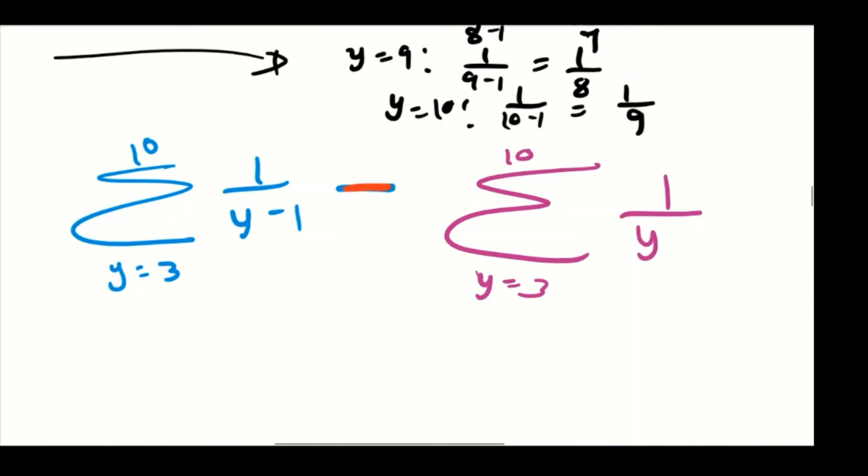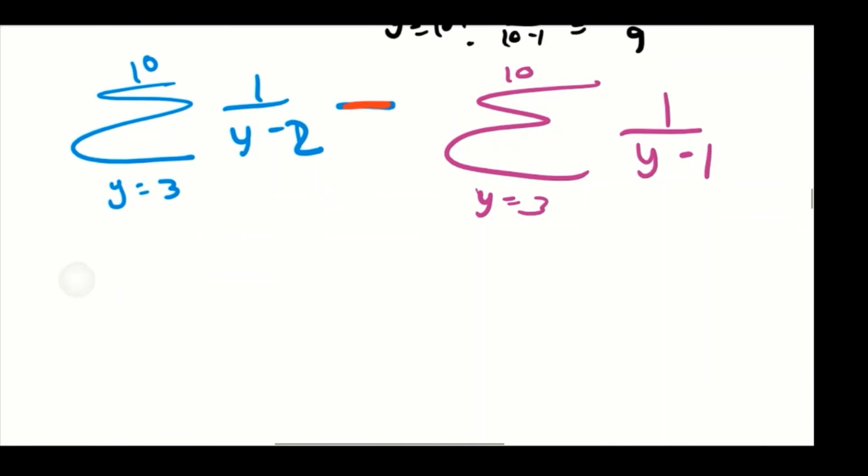Okay, sorry, this is actually 2. And then this is minus 1. Right, so we are subtracting these two sums. So we already identified all the terms from y equals 3 up until 10, for this part here and also for this one here.